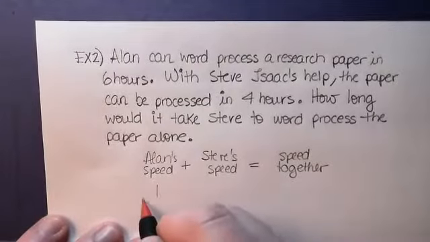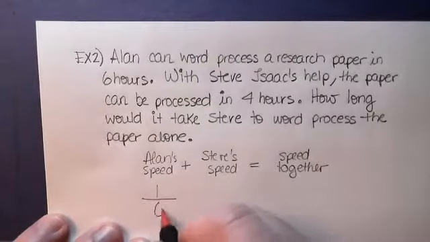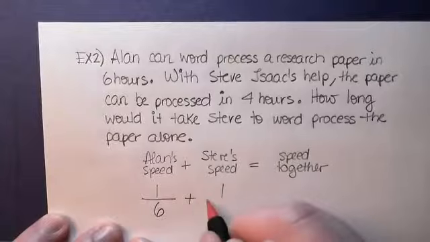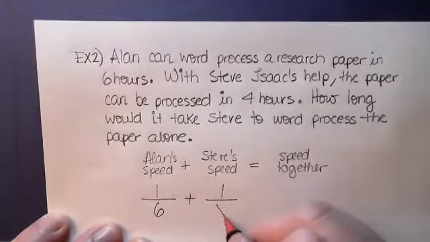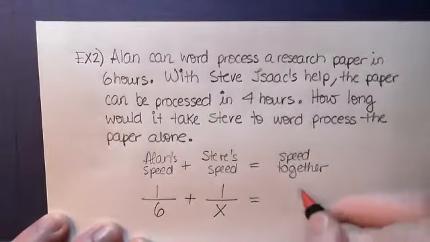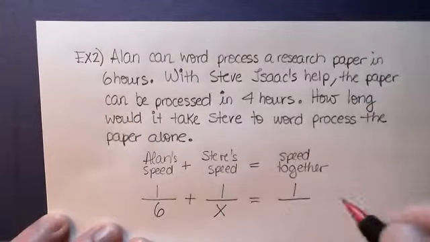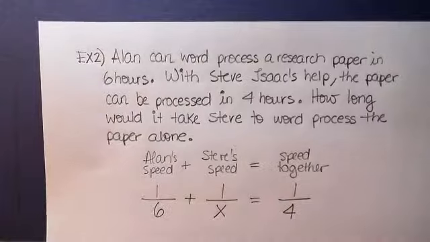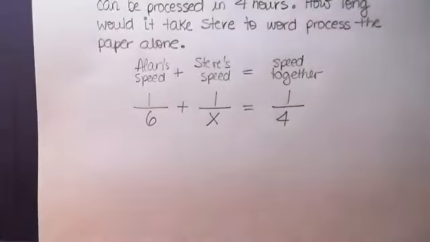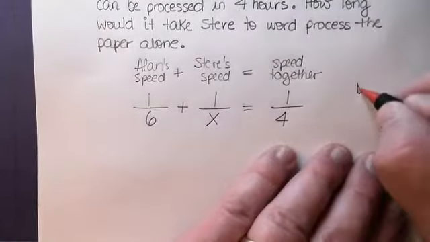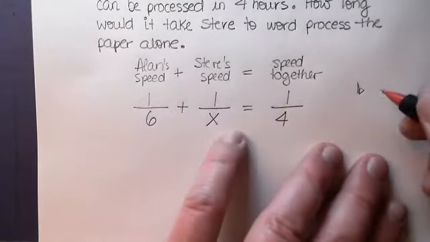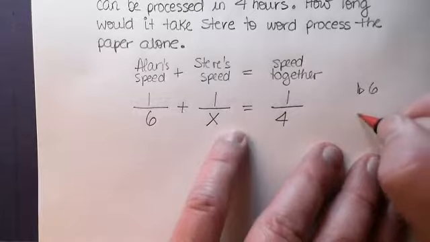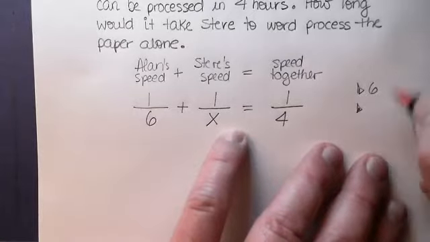So we have a job Alan completes in 6 hours. We have the same job, and Steve, we don't know how fast he completes it, so we're going to call it x. And we have the same job. Together, they can complete it in 4 hours. So basically, same as before. Line up your factors.